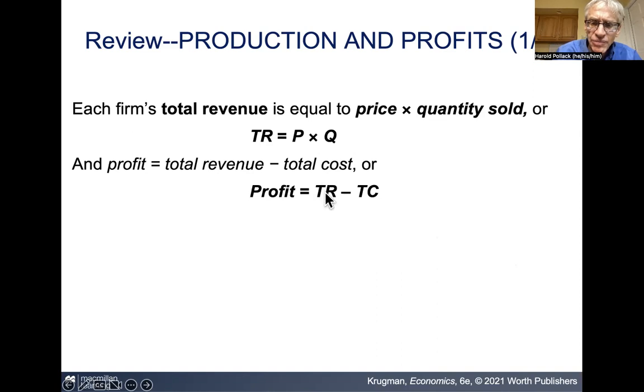What's total revenue divided by Q? It's just price. So price minus average total cost. That's actually my profit margin per unit. And if I take that and multiply by Q, I get the profit.